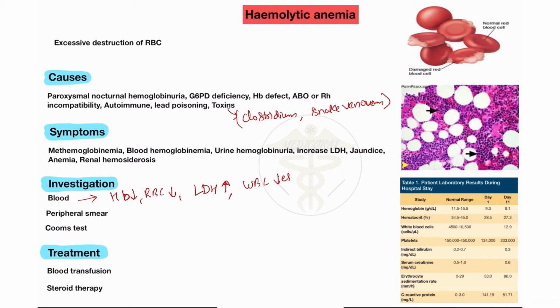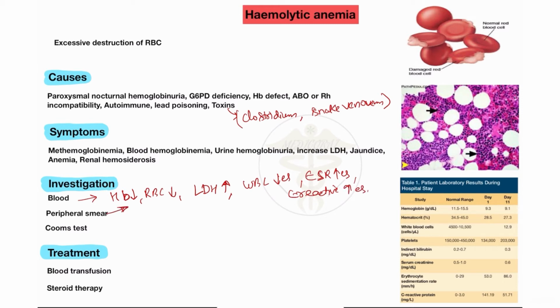Also you will see that in the hemolytic type of anemia, the erythrocyte sedimentation rate increases. And C-reactive protein, you all know C-reactive protein, also increases in hemolytic anemia.